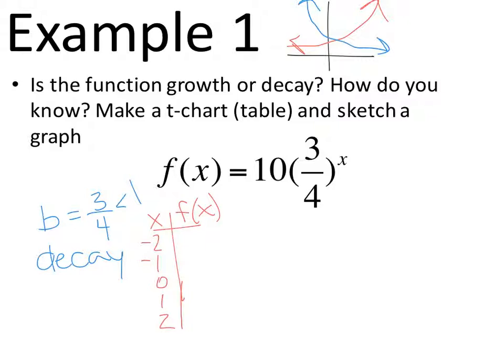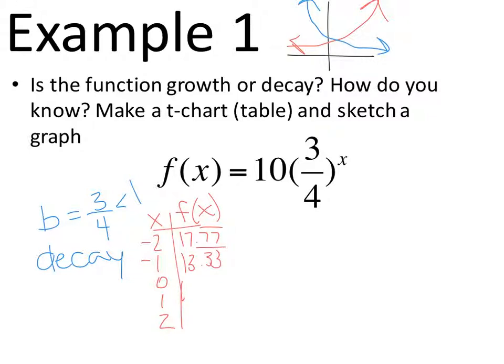So again, I'm going to type 10 times 3/4 to the x power in my calculator, but in place of x, I'm going to put -2, -1, 0, 1, and 2. So when I type -2 into the equation, I get 17.7 repeated. If I put -1 as my exponent in place of x, I get 13.33 repeated.